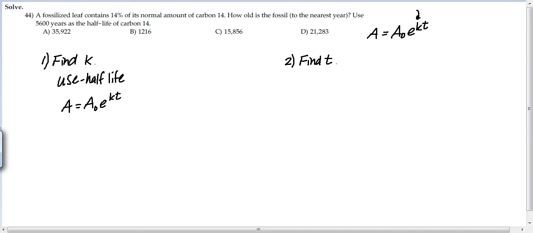We know that when time here is 5,600, I have half of what I started with, right? That means I have 1/2 the original amount of carbon-14 when t is 5,600.